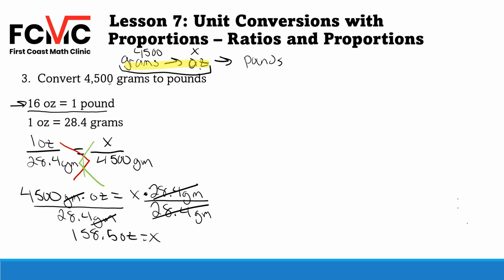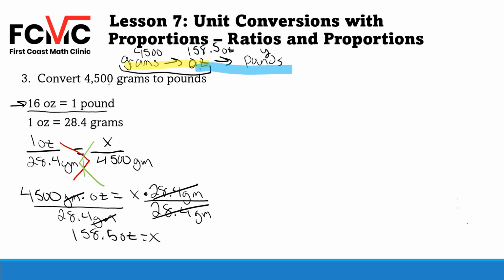So now we know that our ounces is 158.5 ounces, and we'll call it Y pounds. All right, so now we're going to do this part of our conversion from ounces to pounds.